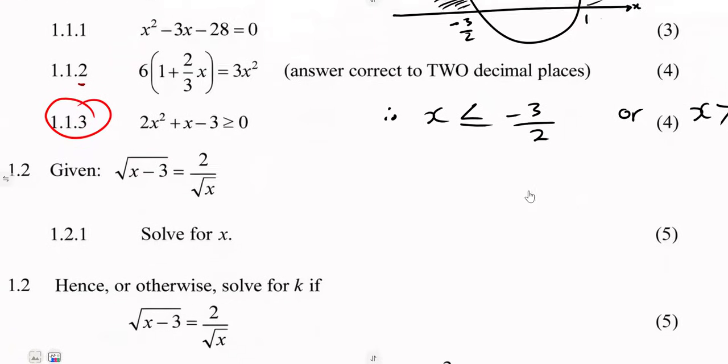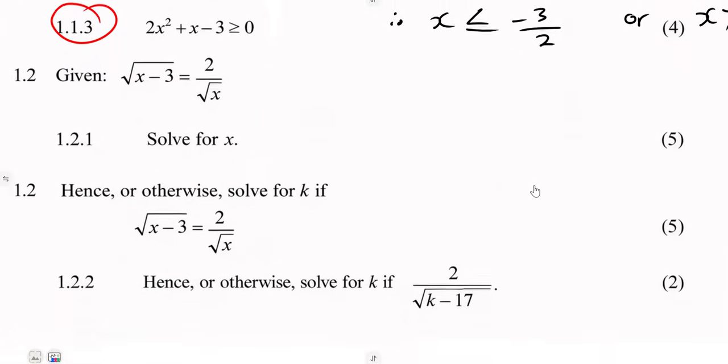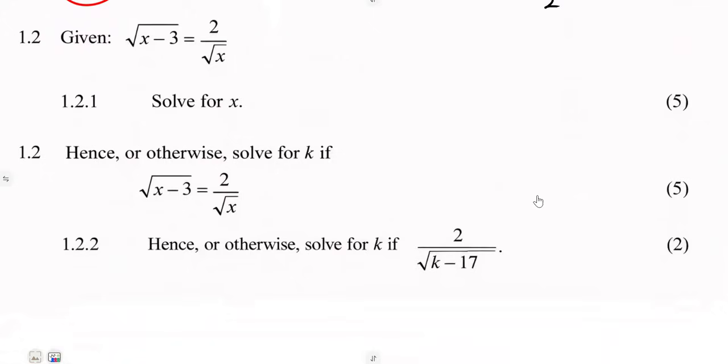Let us move on to another question, 1.2. So here something happened. I'm going to correct it. All right, let's see. 1.2, we are given this. It was just a repetition. All right, no problem. I'm going to show you how it was supposed to be.